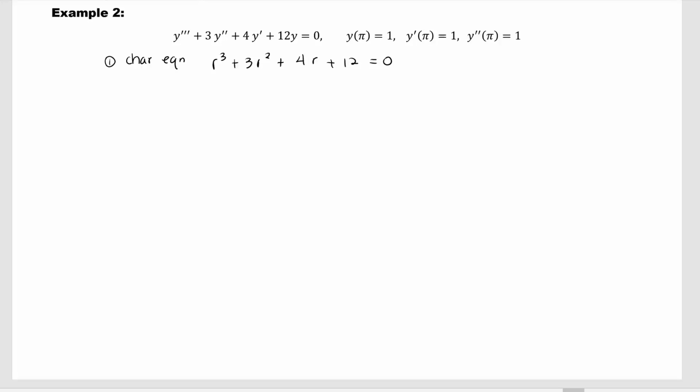And then, let me make it more colorful. Okay, we have the constant term, so the factors of the constant term are plus or minus 1, plus or minus 2, plus or minus 3. What's the next one? Plus or minus 4. What's the next one? Plus or minus 6. What's the biggest one? Plus or minus 12. Yes, those are the factors of 12.